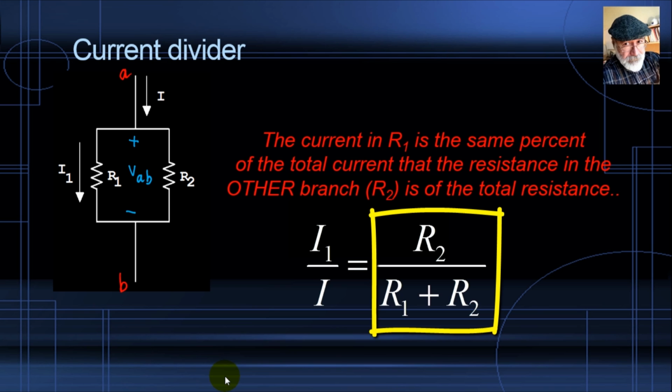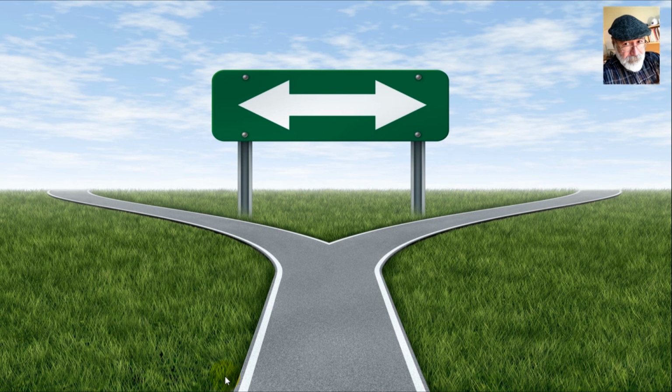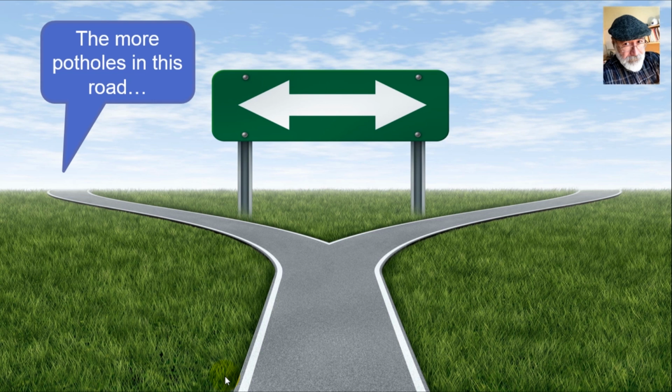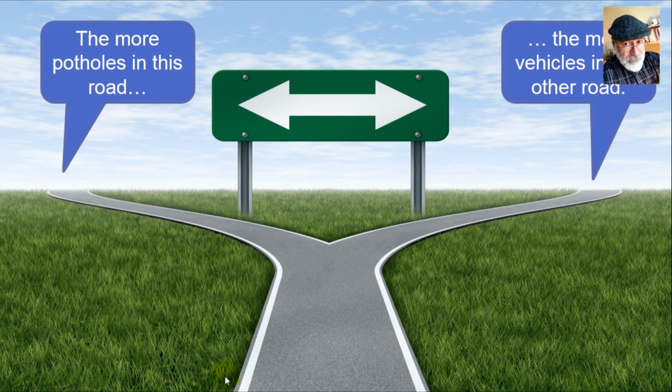Let me give you a real-life analogy to bring this home, at least to allow us to memorize this expression. Imagine you're driving along a road and you find yourself at a bifurcation of the road, and you know that you can get to your destination taking either of the two roads, the one on the left or the one on the right. However, the more potholes in the road on the left, the more cars are going to be taking the road on the right, correct?